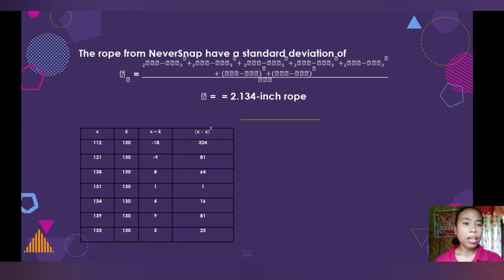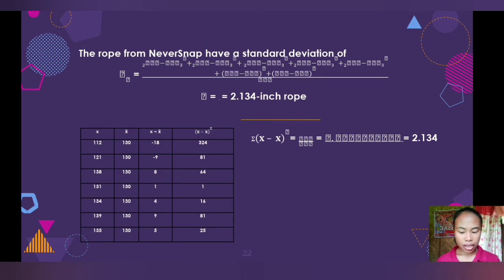So here's the table to really understand. We have the given value, the mean, the variance, and the sum of the square deviation. Just like in the other example, to get the standard deviation, after adding, we have to divide it by the mean. The standard deviation is 2.134 because the total of the sum of the square deviation is 592.